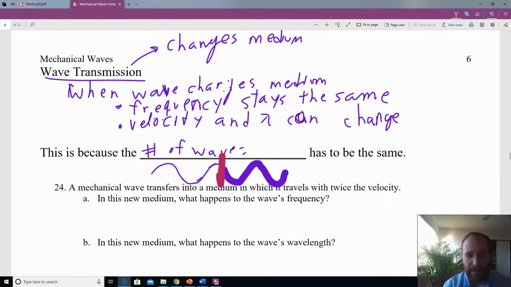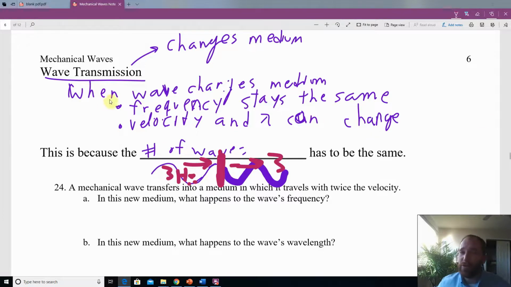But let's think of it like this. Let's say we send in 3 waves per second, which remember is just hertz. Let's say I send 3 waves into this interface, where it changes medium. Well, how many waves are going to come out? You send 3 waves in, then 3 has to come out. You can't send in 2 waves and get out 100, because where'd those waves come from?